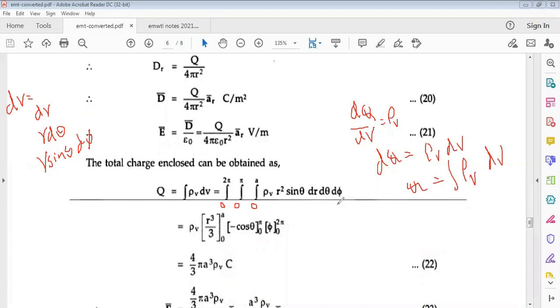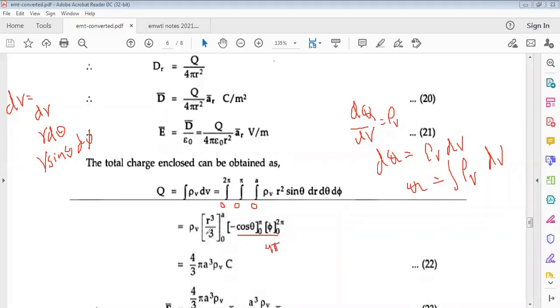That is equal to rho v times the integral of r squared, which is r cubed by 3 with limits 0 to a, the integral of sine theta, which is minus cos theta with limits 0 to pi, and the integral of d phi, which is phi with limits 0 to 2 pi. For these two we get 4 pi.